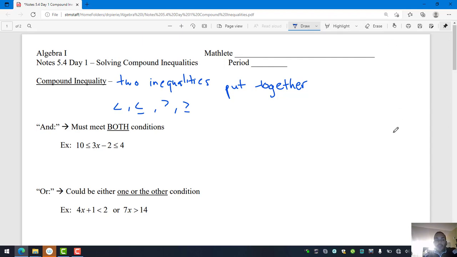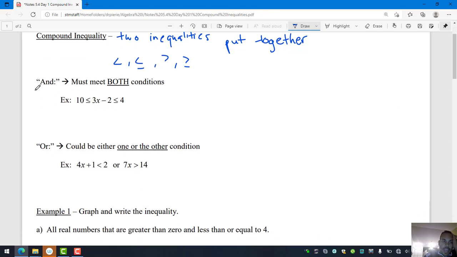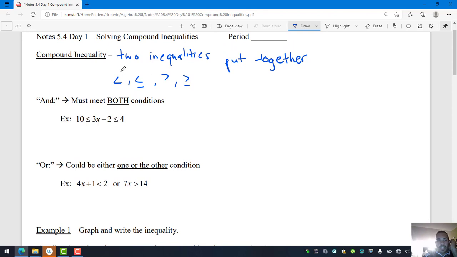The key thing about compound inequalities is that there are two different types: "and" compound inequalities and "or" compound inequalities. Okay, so what's the difference? Like we said, a compound inequality is when two inequalities are put together. And if you're dealing with an "and" compound inequality, it's got to meet both conditions.